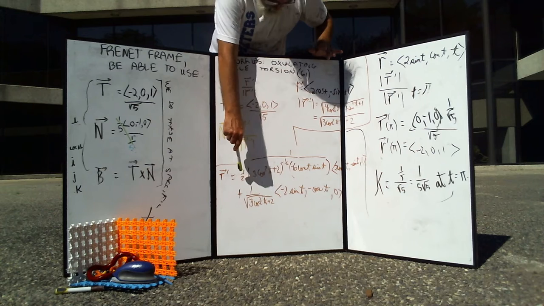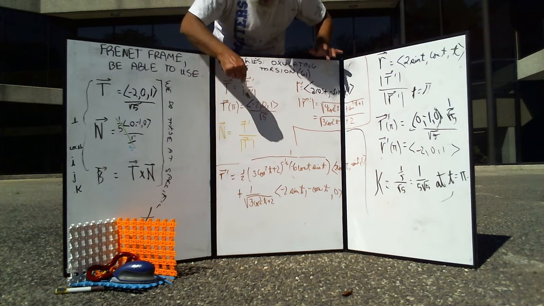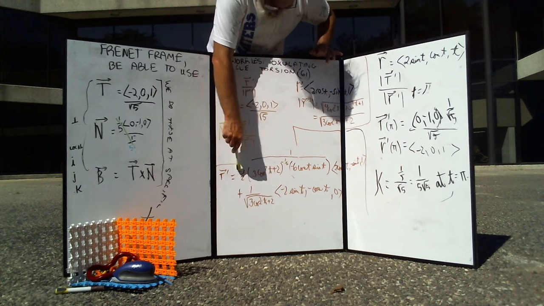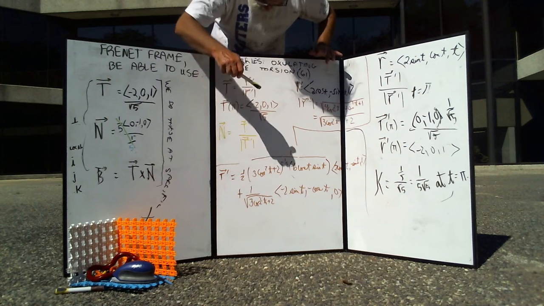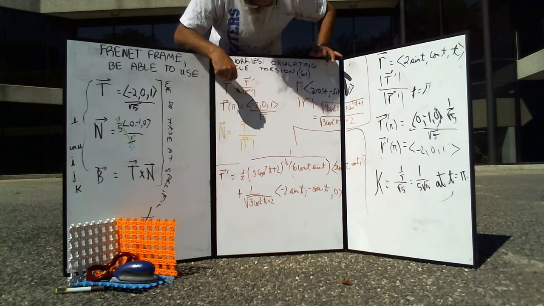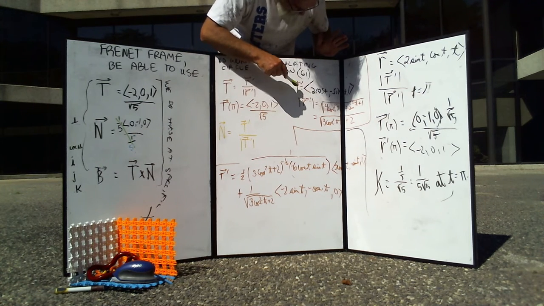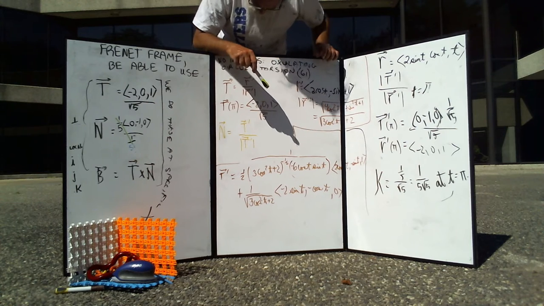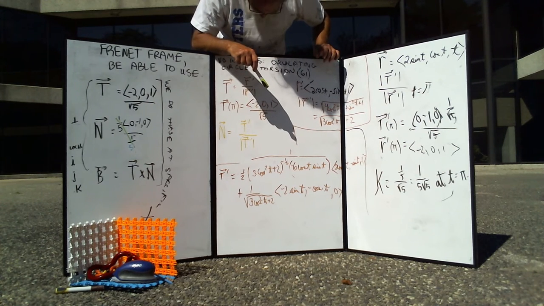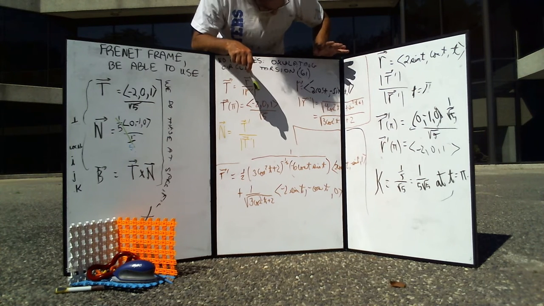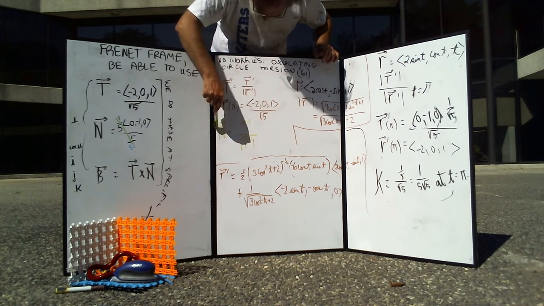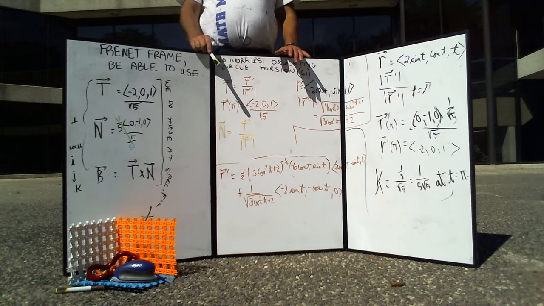I took the derivative of the bottom, I took the derivative of r prime and took its length. I didn't do the length yet, but I've got r prime. So I have to do the derivative of r prime times 1 over the length of r prime, which I have. That's my T. Now I have to take the derivative of that to get big N. Oh, what a pain in the butt.